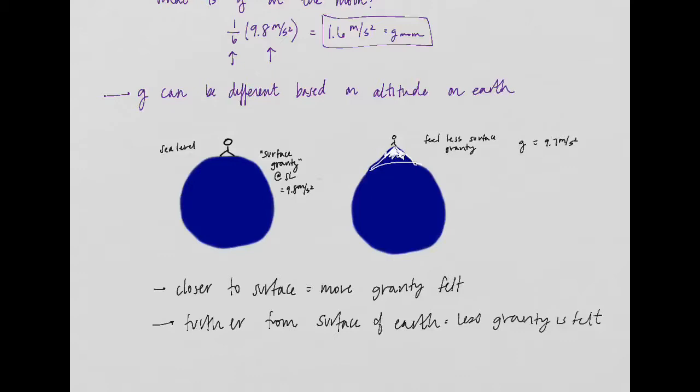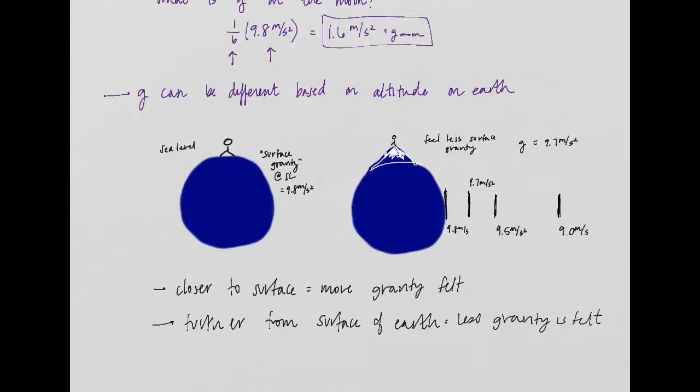So here's the surface, we're at 9.8 meters per second squared. When we're at the top of a mountain, like over here, we're at 9.7 meters per second squared. When we are in an airplane, we're at let's say 9.5. When we're in a rocket shooting off and leaving the Earth's atmosphere, maybe we only feel 9.0.